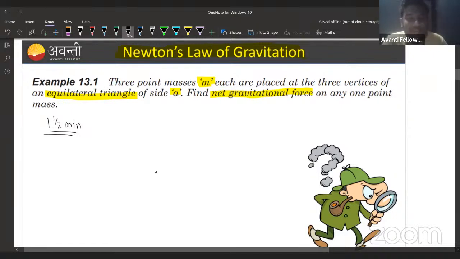All right, solve this question. You have 1.5 minutes to solve this question. At least try to draw the diagram. That would be sufficient too. If you're not getting how to solve the question, at least try to draw the diagram. All right, come on.